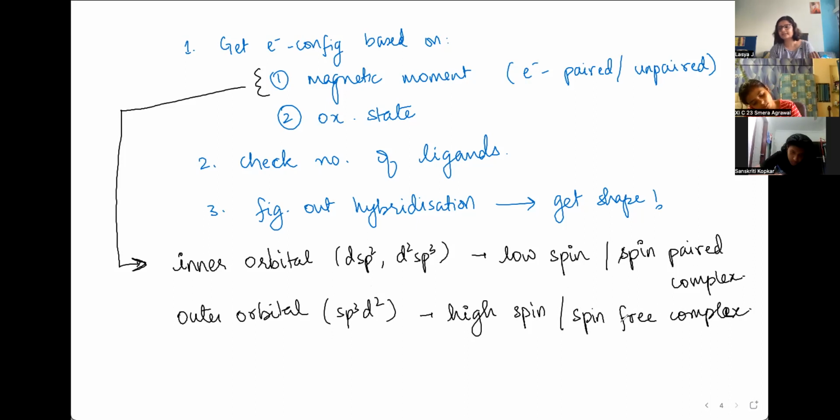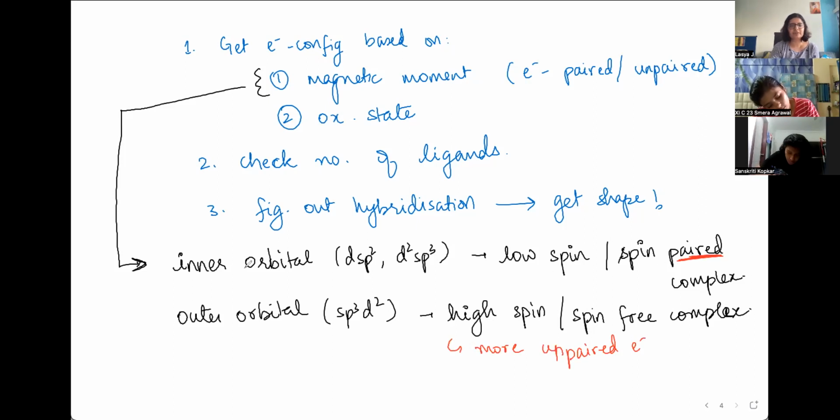It is characterized by a higher number of unpaired electrons. So low spin means all of them are paired. High spin means more unpaired electrons. This has unpaired electrons, has a magnetic moment.